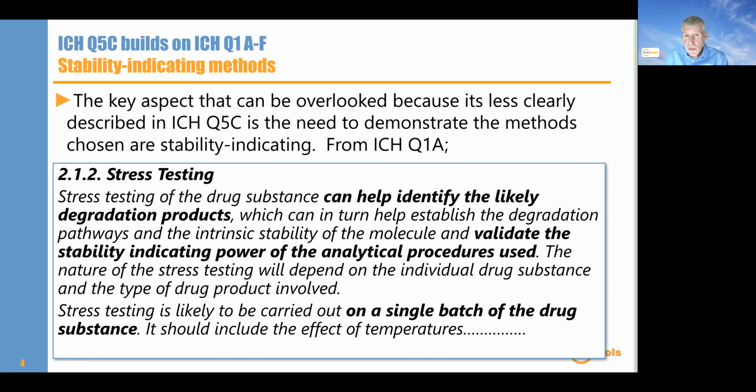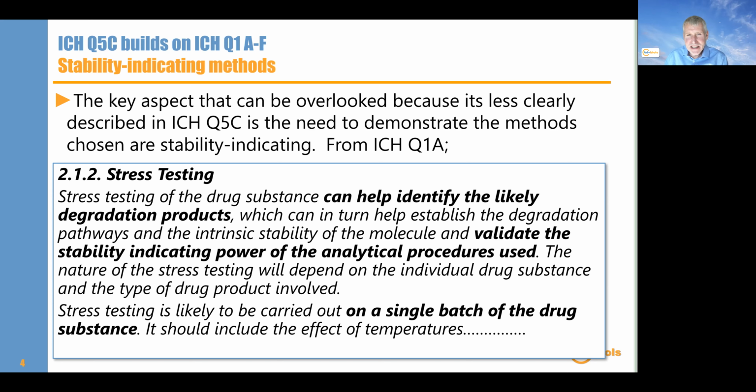So Q1A talks about stress testing, and this isn't really mentioned very much in Q5C, so I could see how it could be overlooked. And the idea is it helps to identify the degradation products and to validate the stability indicating power of your analytical methods.